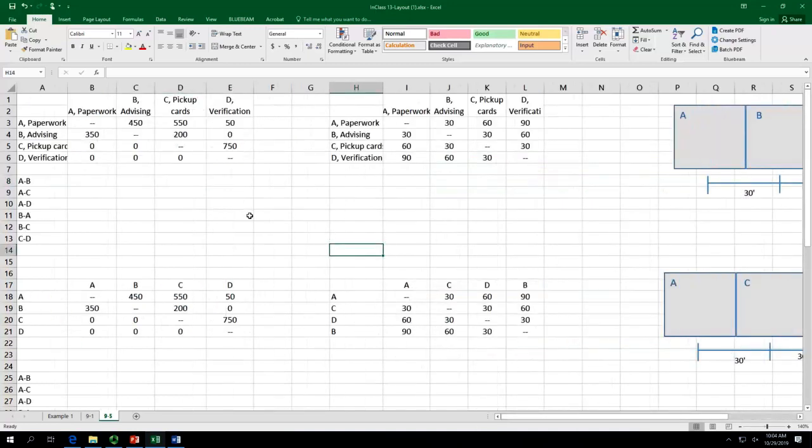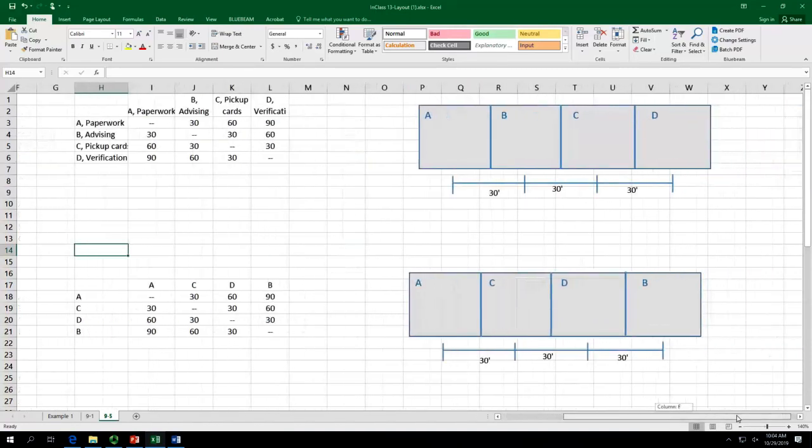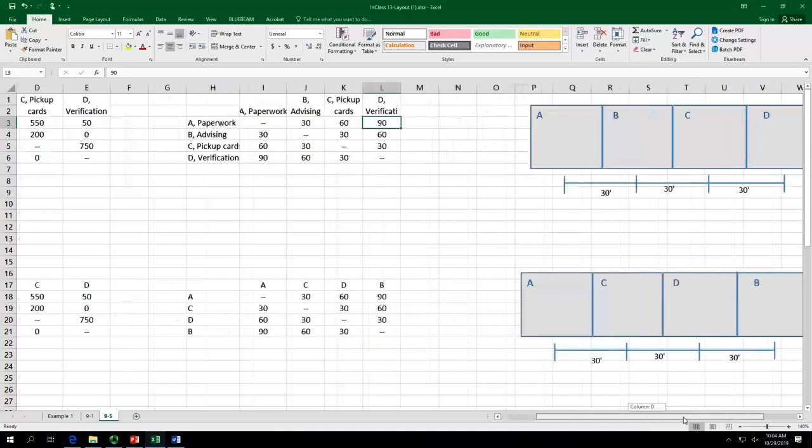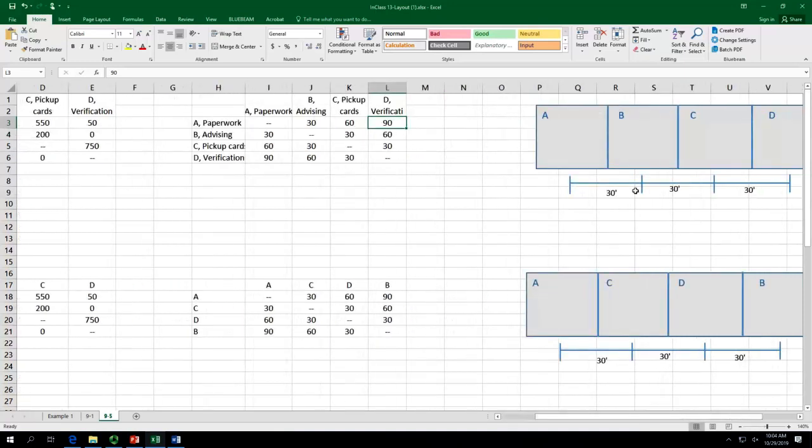So this is the first arrangement. If we arrange the A, B, C, D sequentially, here is the distance, 30, 60, and 90, because A to B is 30, A to C is 60, and A to D is 90.